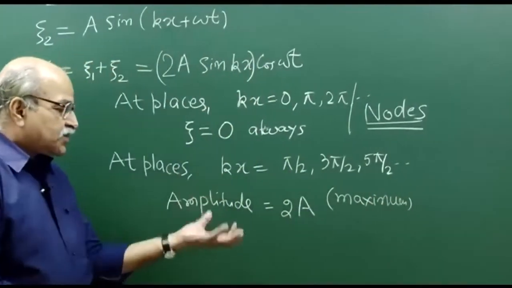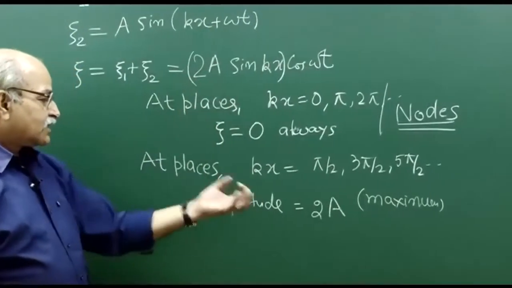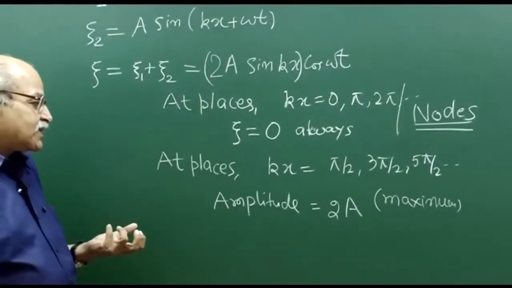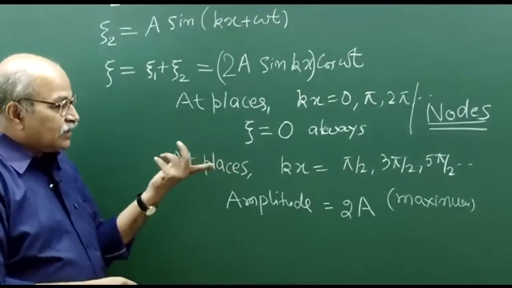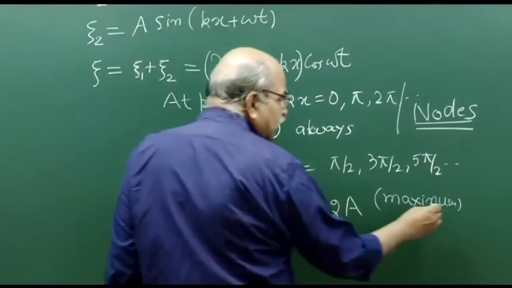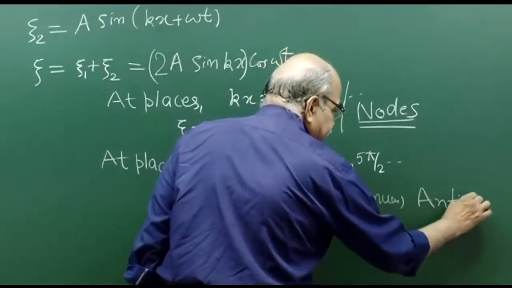So, at certain positions particles are vibrating with large amplitudes, at certain other positions they are not vibrating at all, in between they have smaller amplitudes and so on. These maximum amplitude positions are known as antinodes.